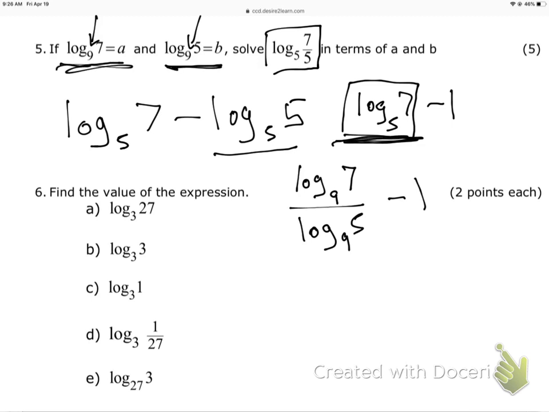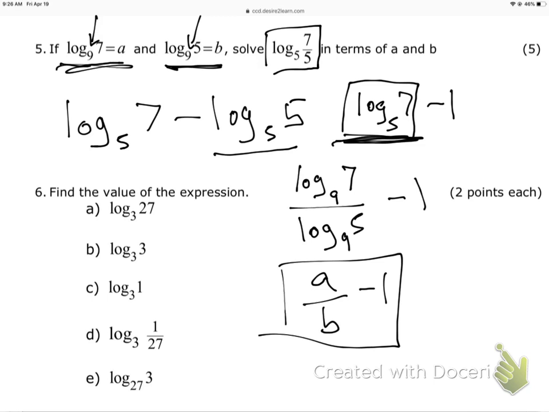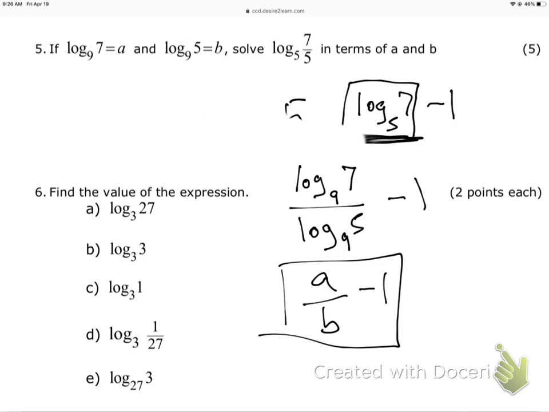Now, log to base 9 of 7 is A, log to base 9 of 5 is B, and it's minus 1, and that's the answer. Although what we could have done, sometimes that's a web work question, and I'm not sure if it accepts that, it might do. If not, here's the other way to do it. So I got that as an answer.